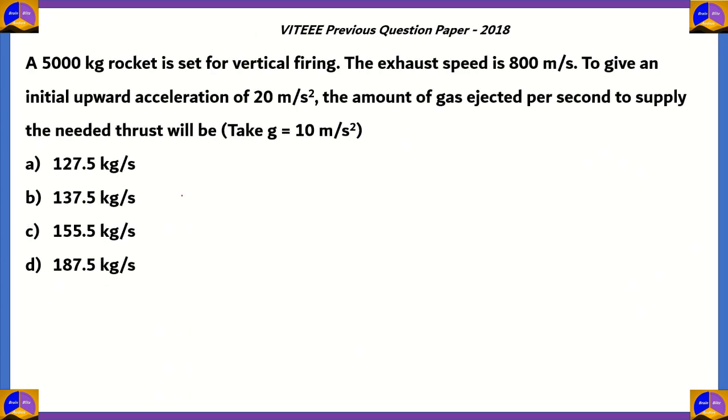So therefore, the correct answer to this question is option D, 187.5 kilograms per second. In this case, we need to find the initial force by using F equals ma, and then the amount of gas ejected by using the formula for force, F equals v dm by dt.